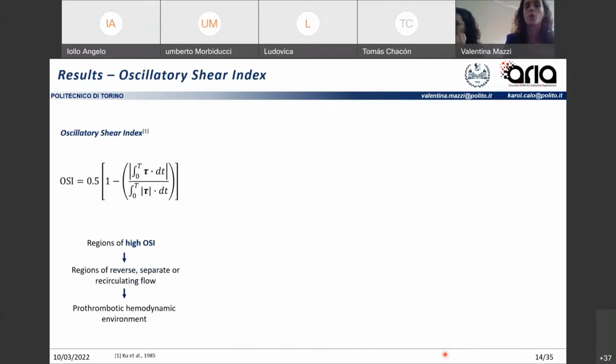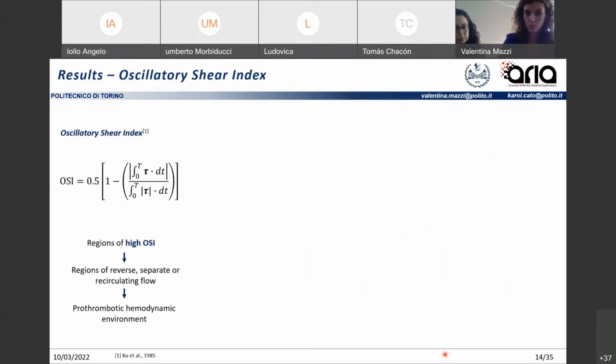Then we computed another canonical wall shear stress-based metric, the oscillatory shear index. This index identifies regions on the luminal surface where the instantaneous wall shear stress vector deviates from the main flow direction in a large fraction of the cardiac cycle.